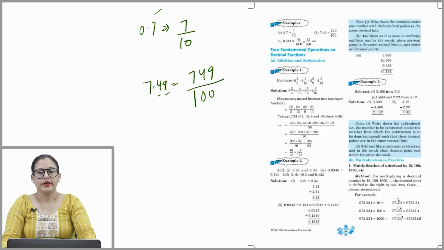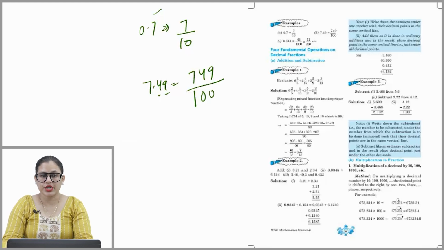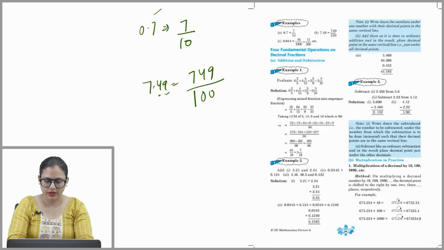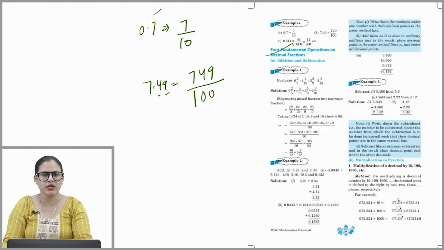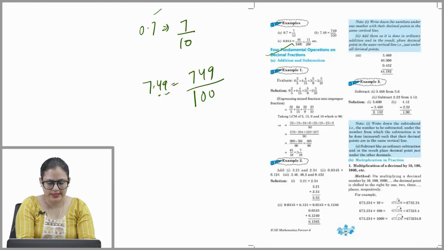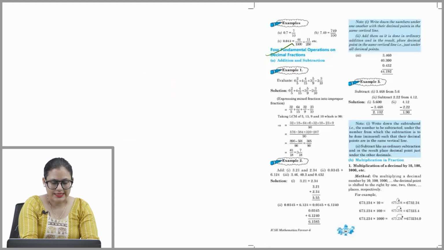Four fundamental operations on decimal fractions. Number 1, addition and subtraction. For example, you have to evaluate 6 2 by 5 plus 4 4 by 15 plus 3 5 by 9 minus 2 3 by 10.